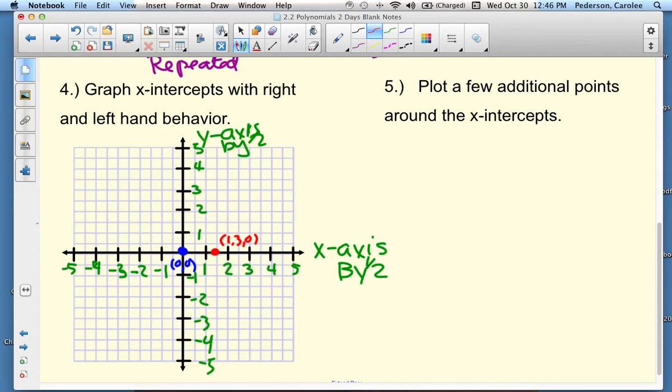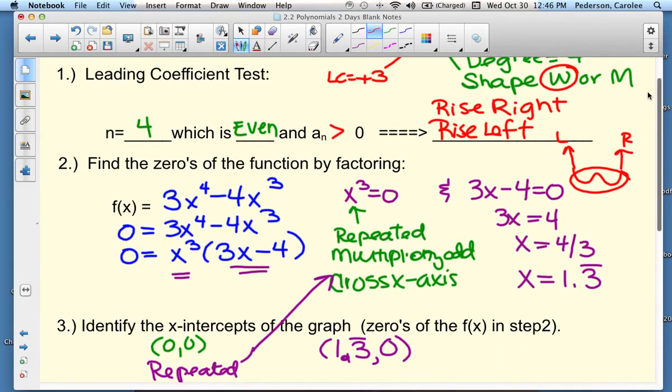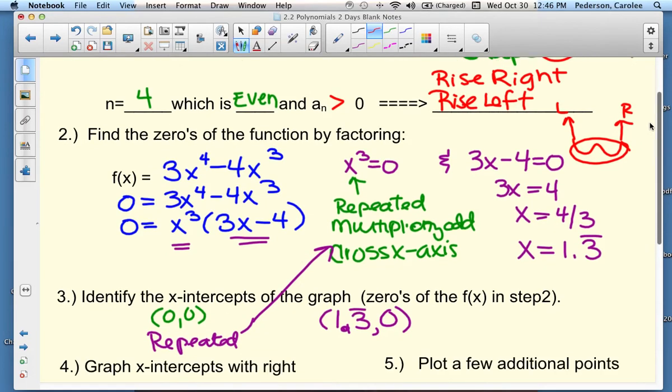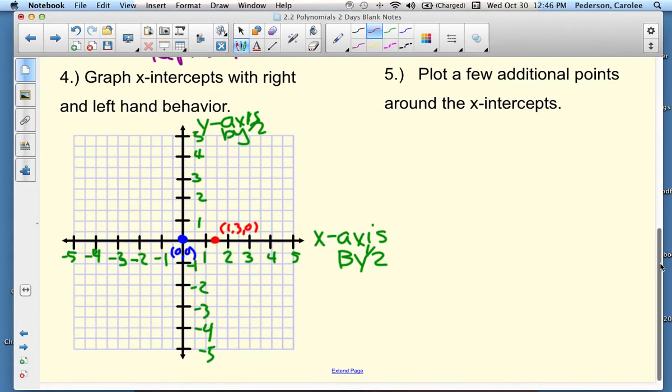Now I talk about my end behavior. My end behavior says I'm going to rise on the right and rise on the left. So my right-hand x-intercept is the red one, and my left-hand x-intercept is my blue one. Now I know the shape of this graph has to be looking like a W. So I want to find out what happens in between here.